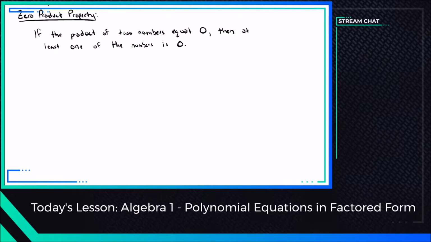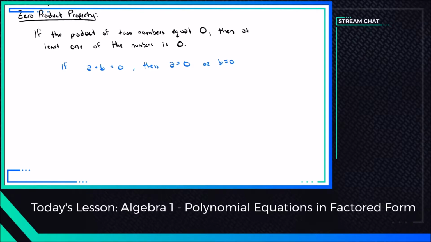If you have two numbers, a and b, and you multiply a and b together and they equal 0, then either a is going to equal 0 or b is going to equal 0, or they both can equal 0. Because a multiplied by 0 equals 0, b multiplied by 0 equals 0, and 0 multiplied by 0 equals 0.